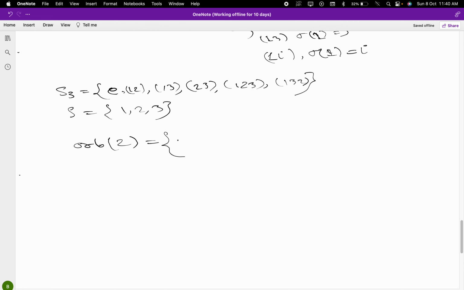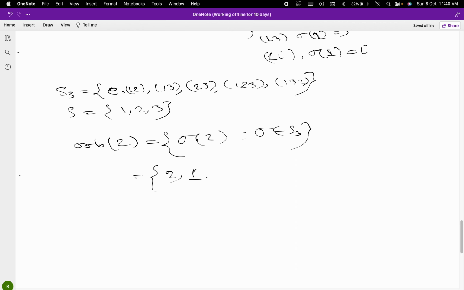What is the orbit of 2? It is sigma dot 2, which is sigma of 2, where sigma varies over S3. If sigma is the identity, 2 goes to 2, since the identity fixes every element. If sigma is 1 2, sigma of 2 is 1.